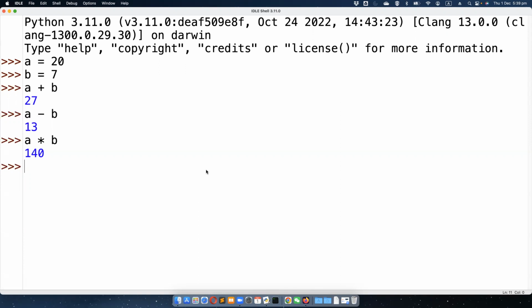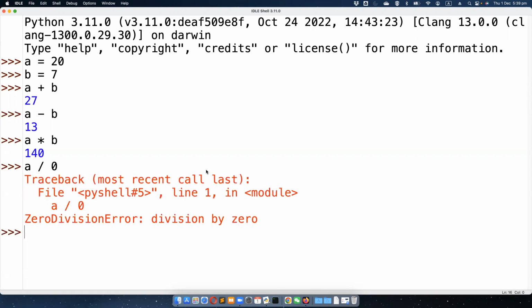And this is not right in math either, okay? For example, a divided by 0 will cause the interactive shell to throw this error message: ZeroDivisionError, division by 0.